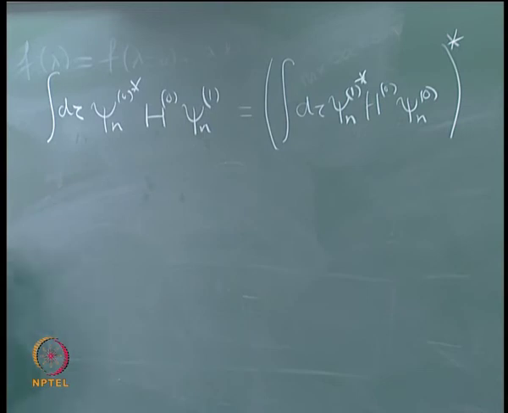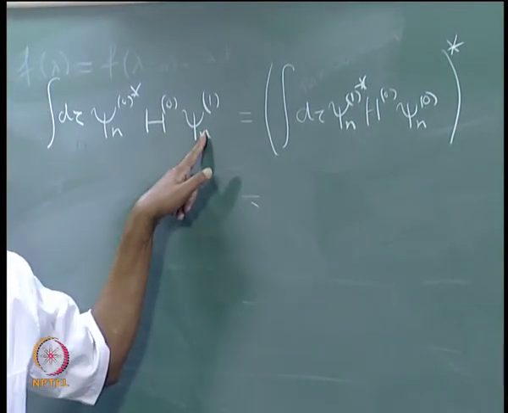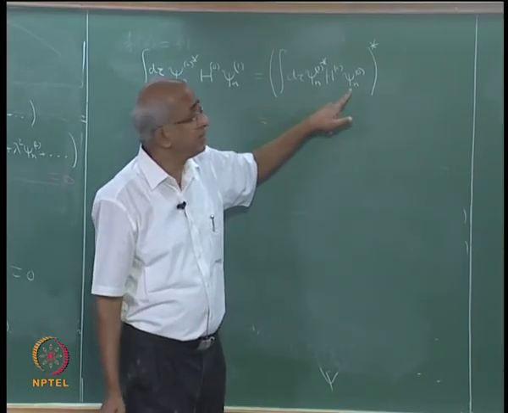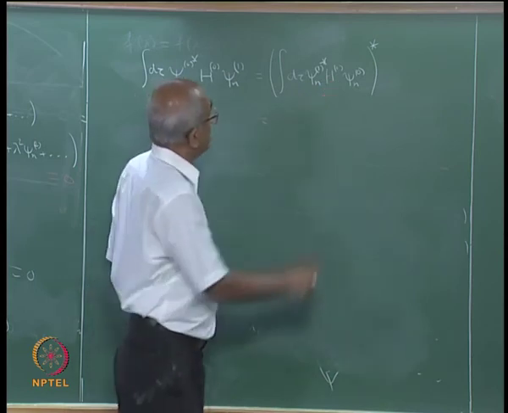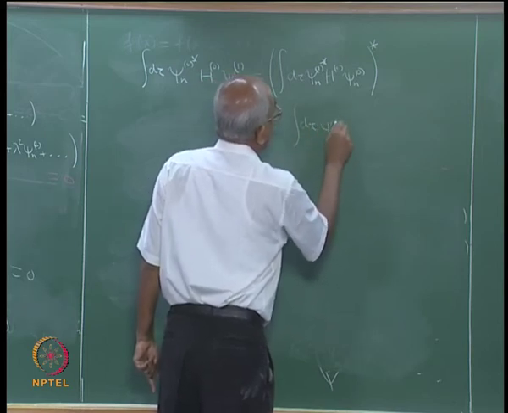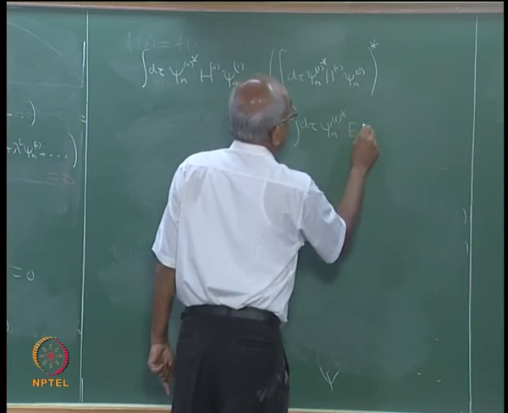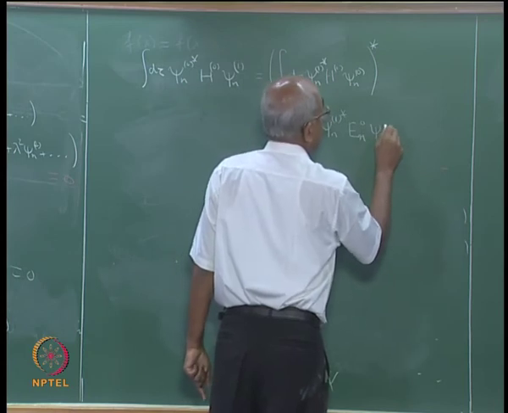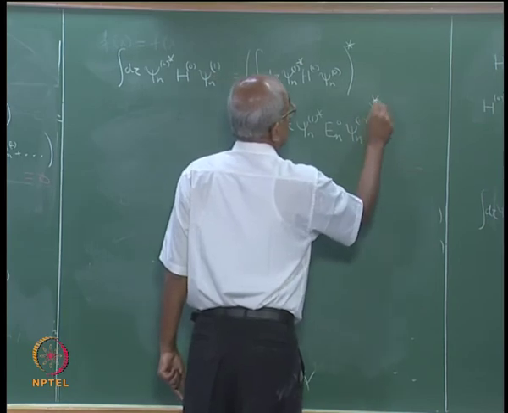That is very nice, because here H0 was operating upon psi n1, but there H0 is operating upon psi n0, and this is an eigenfunction of H0. So, what will be the answer? You will have the integral d2 psi n1 star E n0 multiplied by psi n0.